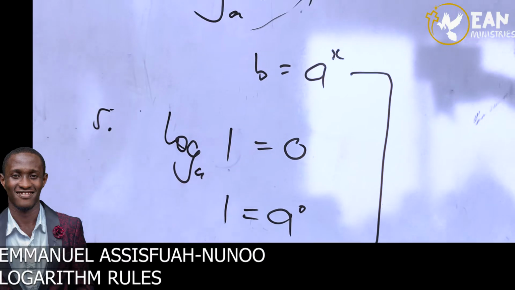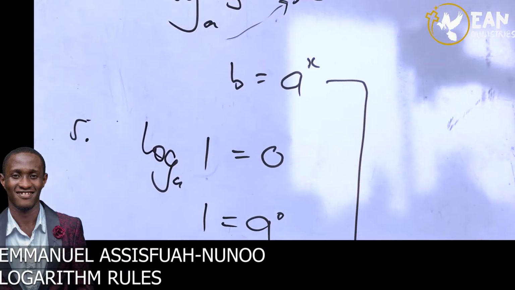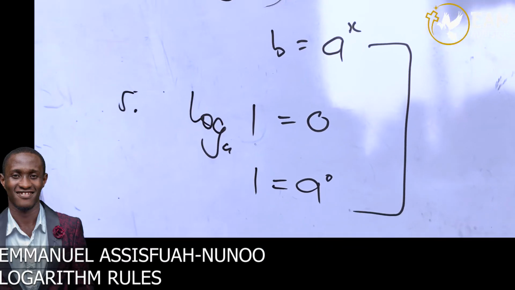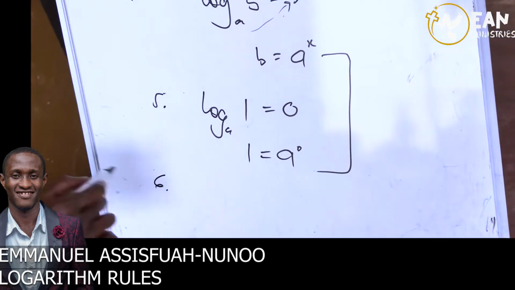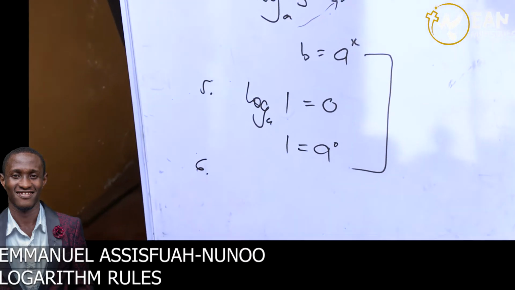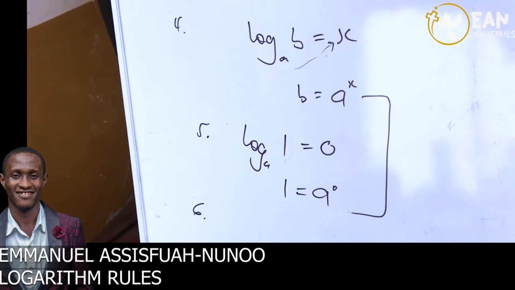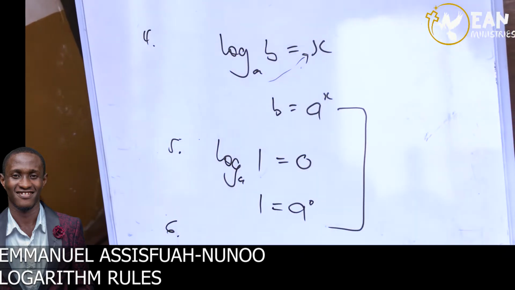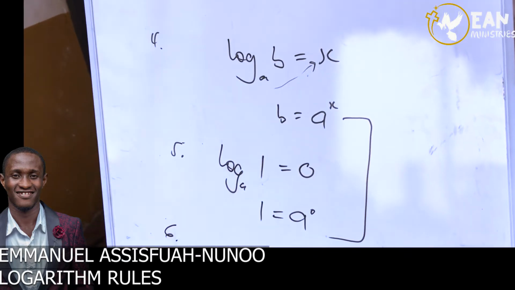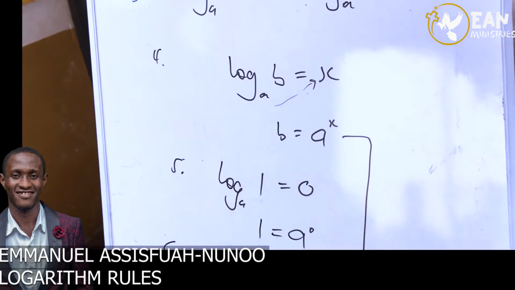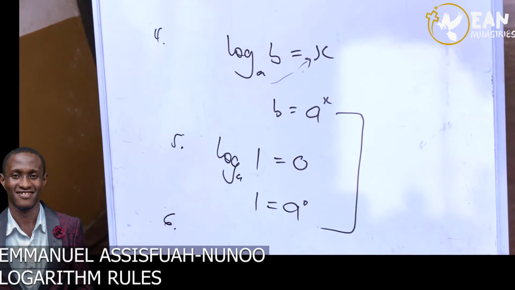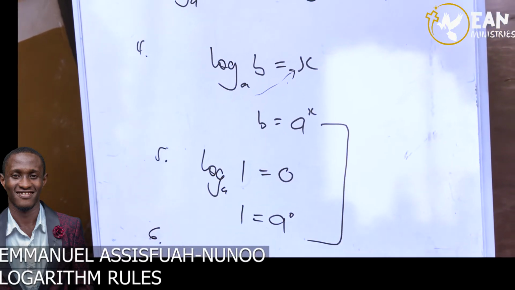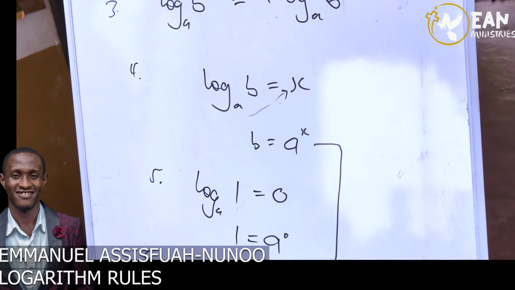Okay. What other rule can I talk about? Let me see if I can recall any other rule. Basically, these are the rules that stand out in logarithm. We can also have a case where you may be asked to change base.